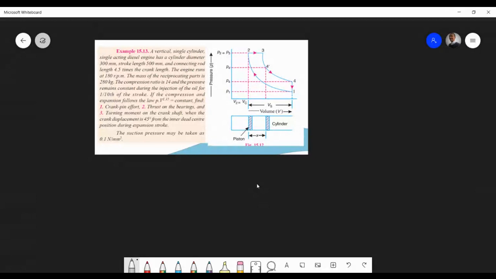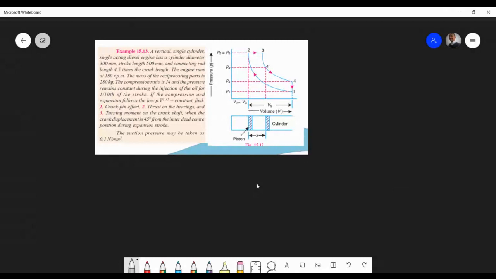The crank effort, the crank pin effort. What is the crank pin effort again? I'm not even sure what that is now. Is that my piston effort? Understand the thrust on the bearings, turning moment as well.